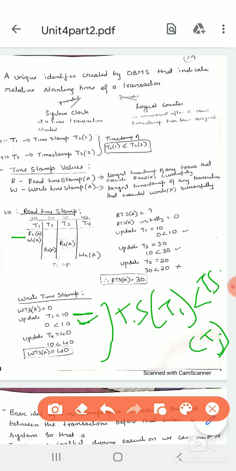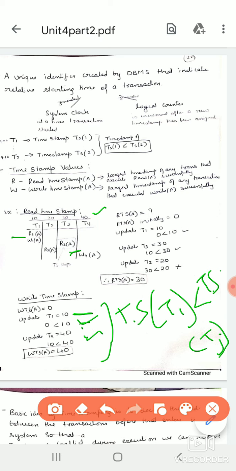The second write is not in T2, not in T3. You check only for writes here because this is write timestamp. So here you have W4 of A, so update transaction T4, which has value 40. Before, Ti was 10, so you compare 10 with the new value Tj, that is 40. It is valid.